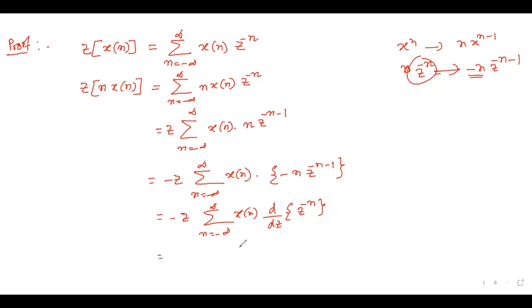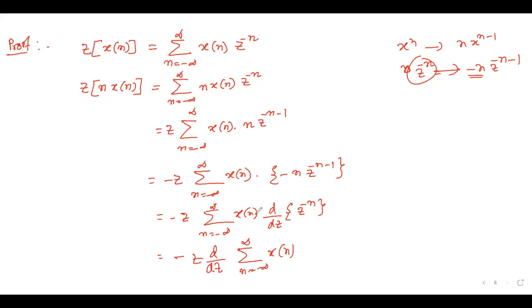Yes, sir. So we know if we change the operator, that is this sum and this derivative operator, the sum will not change. So changing the operator, this is basically n minus n, changing the operator. Okay, first sum then derivative.